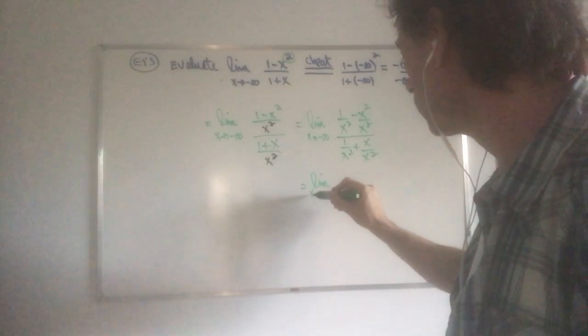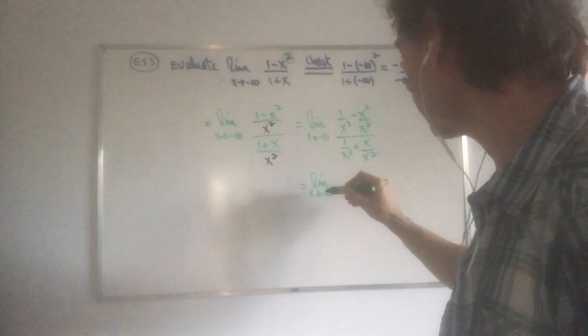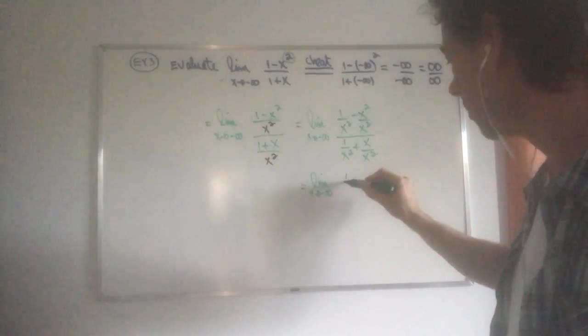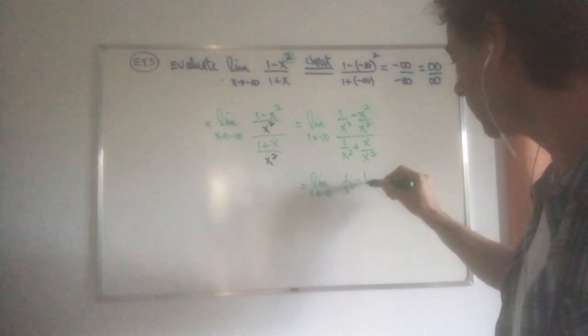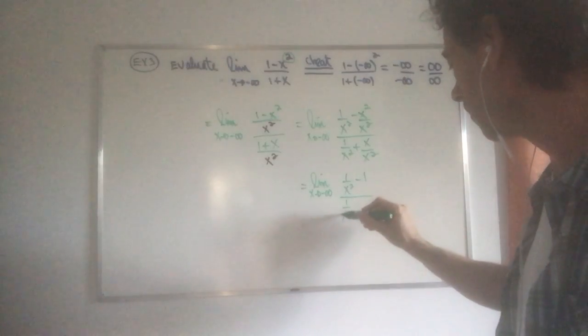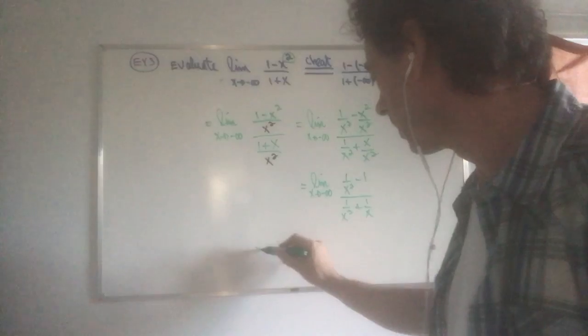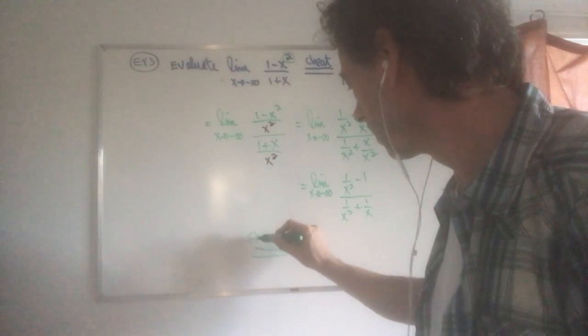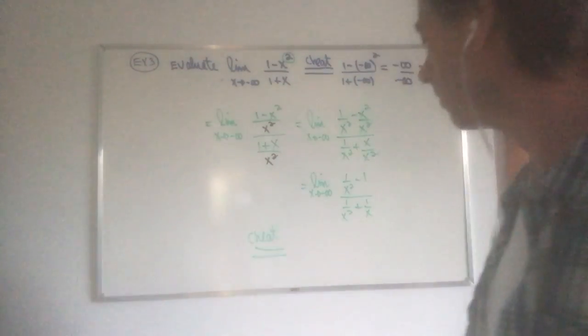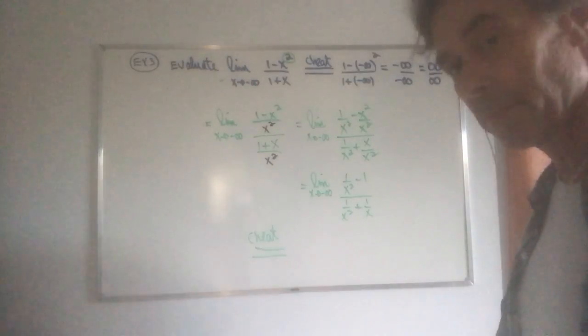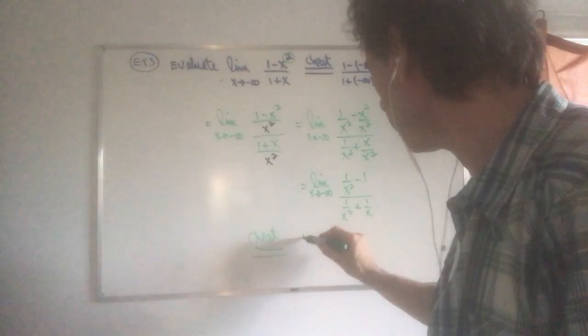All this will neatly simplify to what? 1 over x squared minus 1, over 1 over x squared plus 1 over x. Time for one last cheat in this problem. So replacing x with negative infinity.